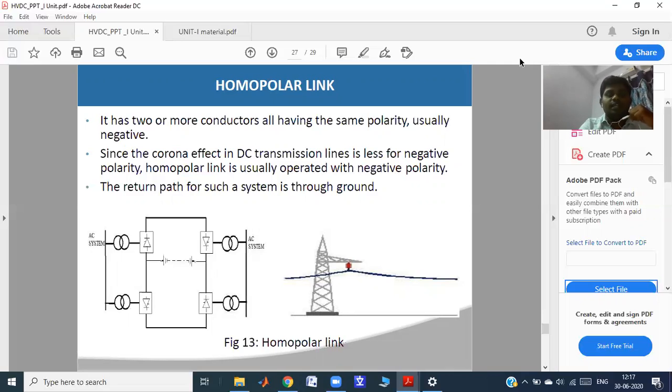Why? Because if you look at this diagram, the current flowing through the sending end converters is the same in direction. If you look at these thyristor valves, the direction of current flowing through the sending end converters is the same. The sum of incoming currents equals the sum of outgoing currents.